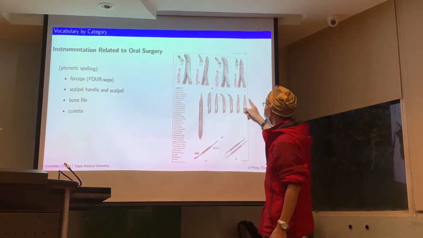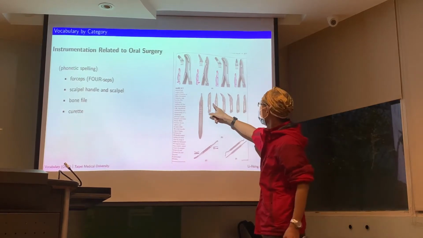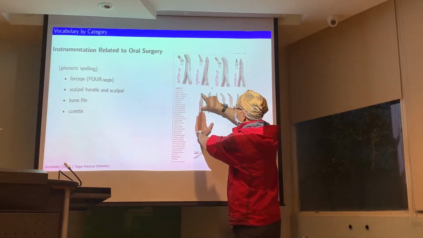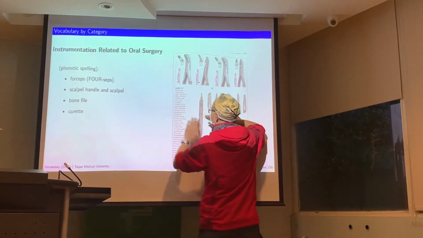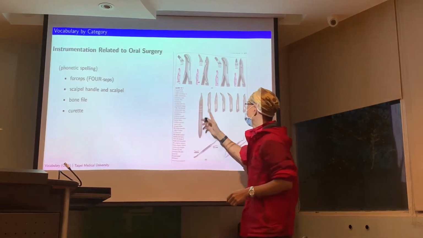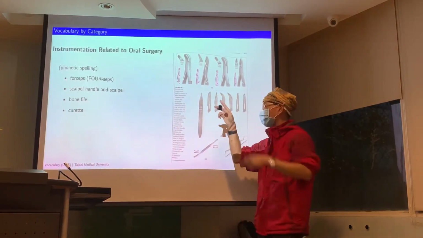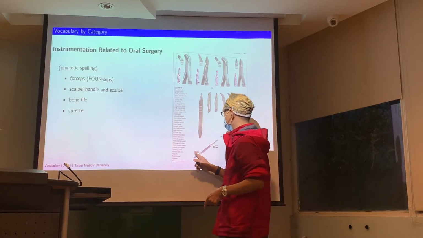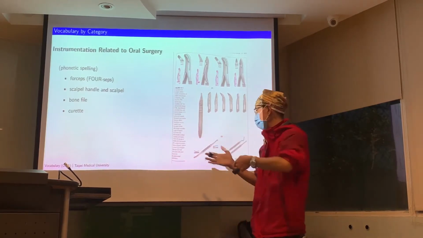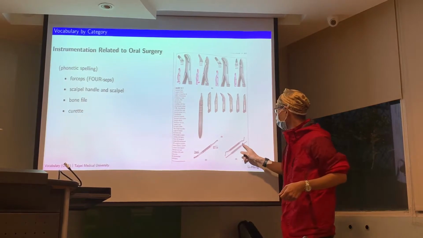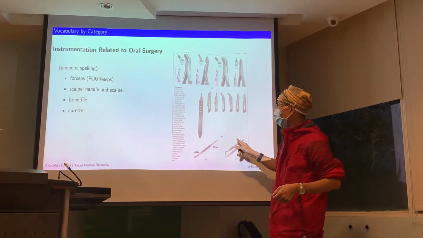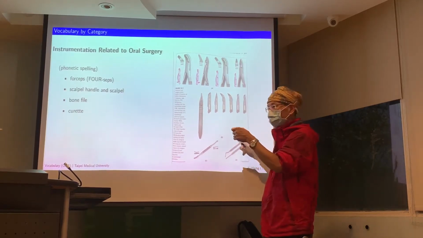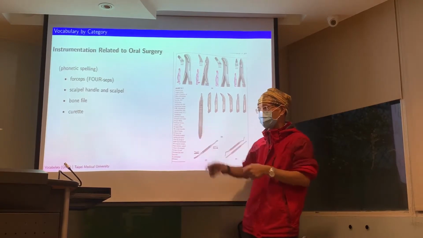The scalpel comes in several sizes and shapes, with a handle attached. We use it to cut the skin and the mucosa. The bone file is for smoothing the bone, and the curette is like a spoon for carving or digging.